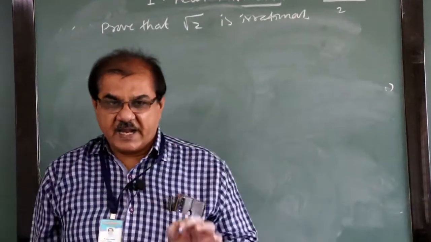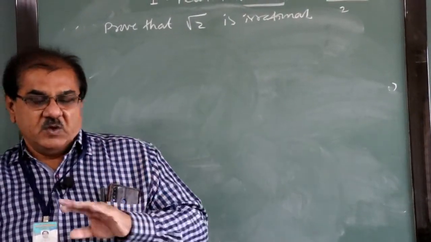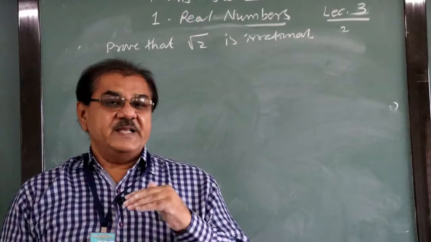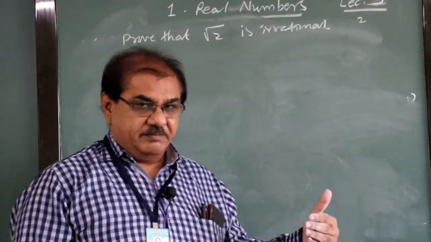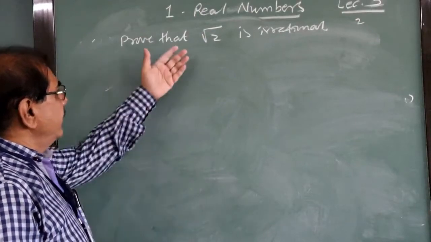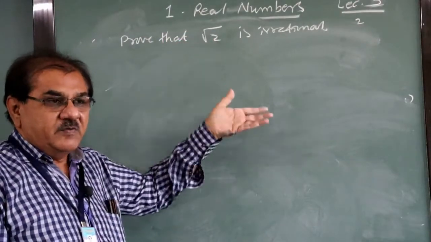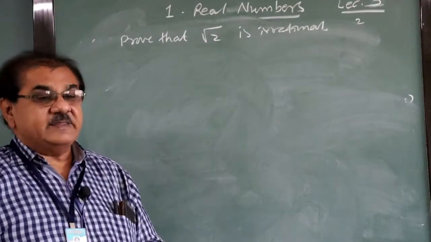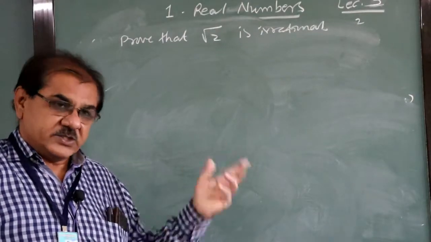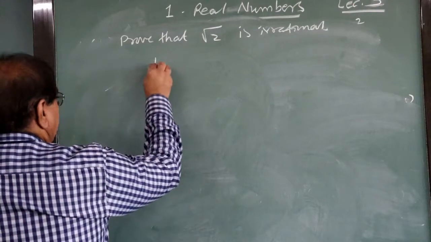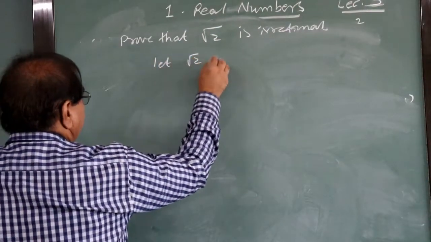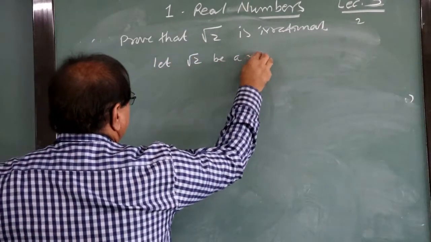We know that giving proofs are of two types. One is direct proof and second is indirect proof, that is, the contradiction method we can say. So what is required to be proved, we assume the opposite of it and then we prove ourselves wrong so that the given statement is true. So how we start? Let root 2 be rational.